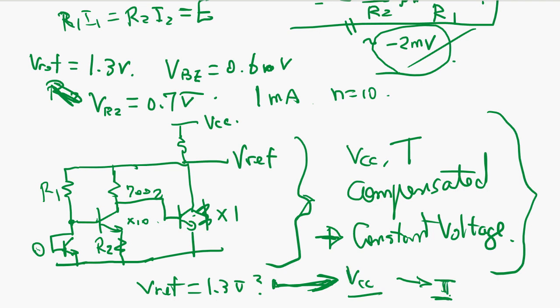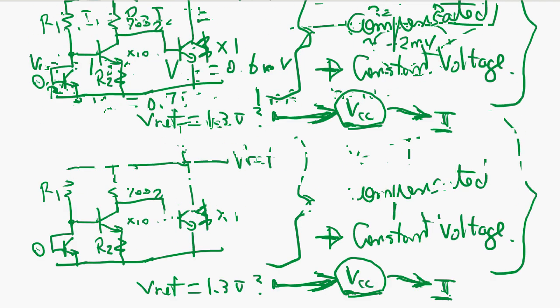Each case you have to evaluate and make sure it's temperature compensated. But if temperature compensation is not critical in analog design, then at least you know how to make any constant voltage independent of VCC.